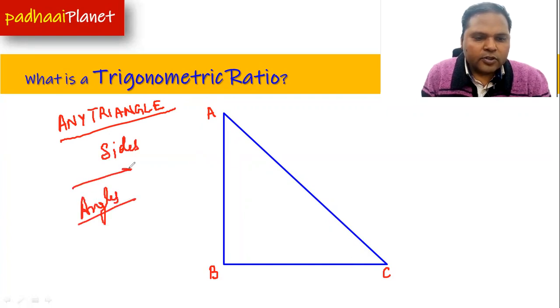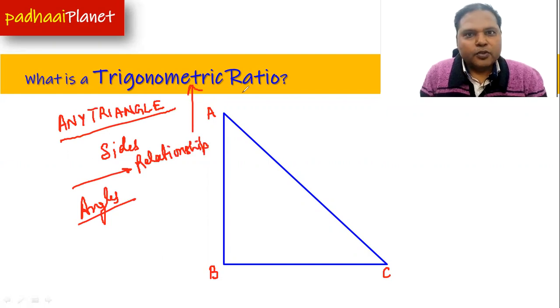The relationship between the sides and the angles of the triangle is understood with the help of trigonometric ratios.